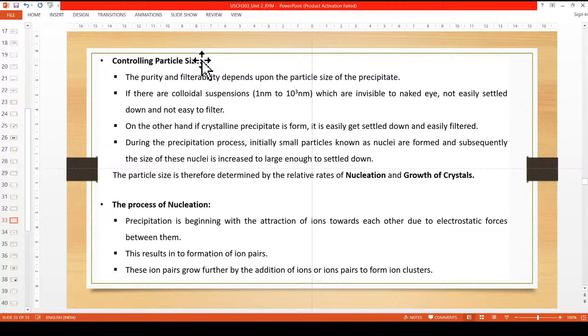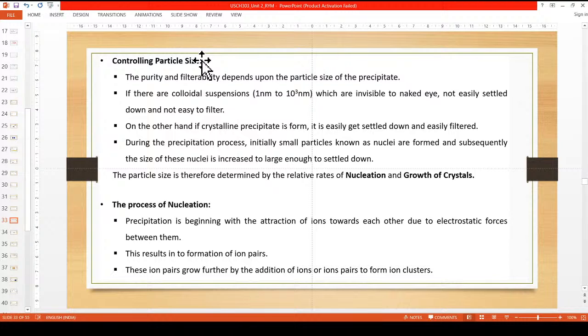Whenever the first mole, or first atom you can say, of metal combines with the first molecule of precipitating agent, there is formation of one nucleus. Similarly, another metal atom will combine with another precipitating agent molecule and form a nucleus.